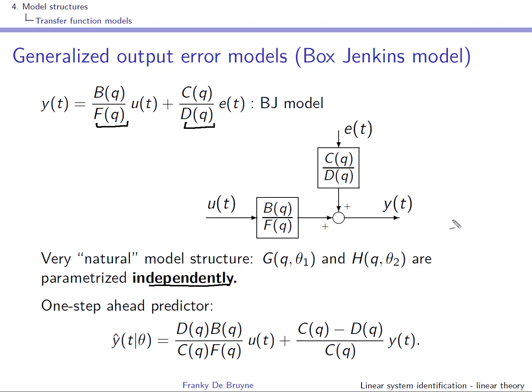Okay, so here you can write theta as theta 1, theta 2, and theta 1 will only parameterize the input-output transfer function, and theta 2 will only parameterize the noise model. So they give good results in prediction and also in simulation. The one step ahead predictor is given over here. I'll leave you the calculation as an exercise.